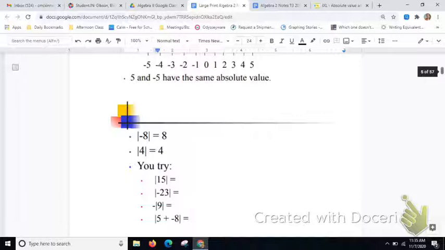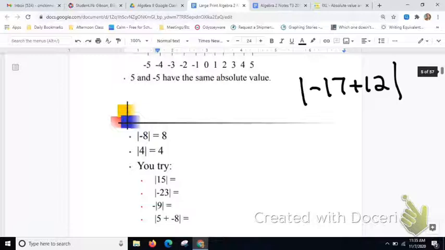So if there's more than one thing inside absolute value, then you want to do what's inside and then make the answer positive. So for instance, if I have the absolute value of negative 17 plus 12, I do not change them both to positive.